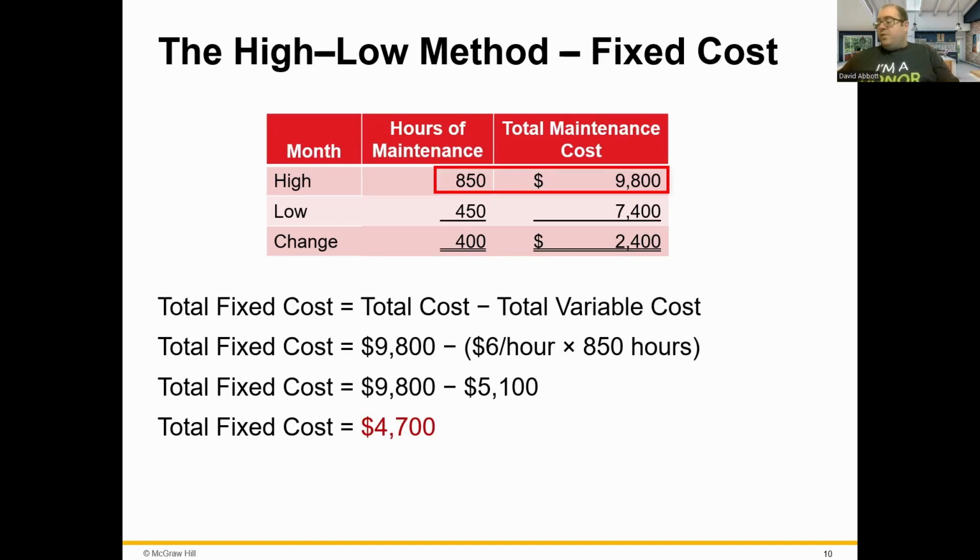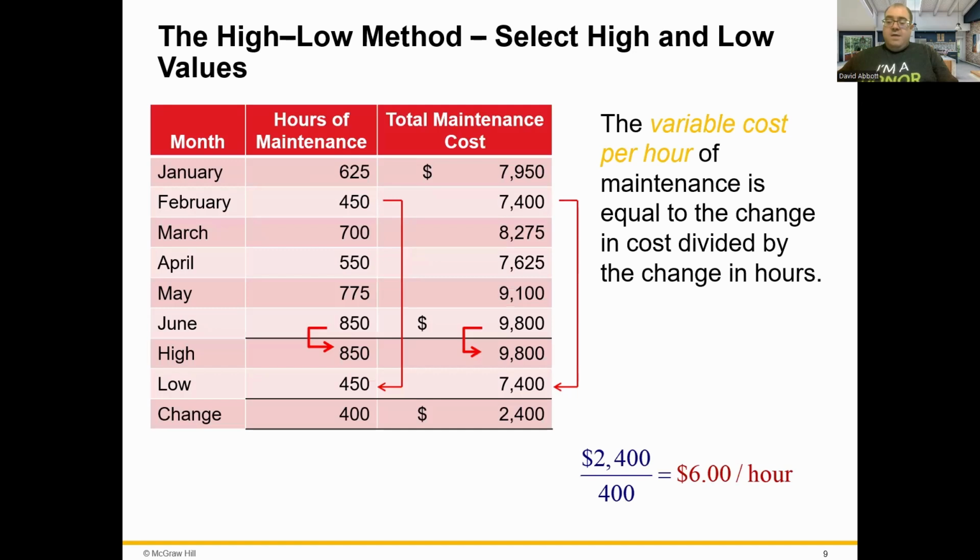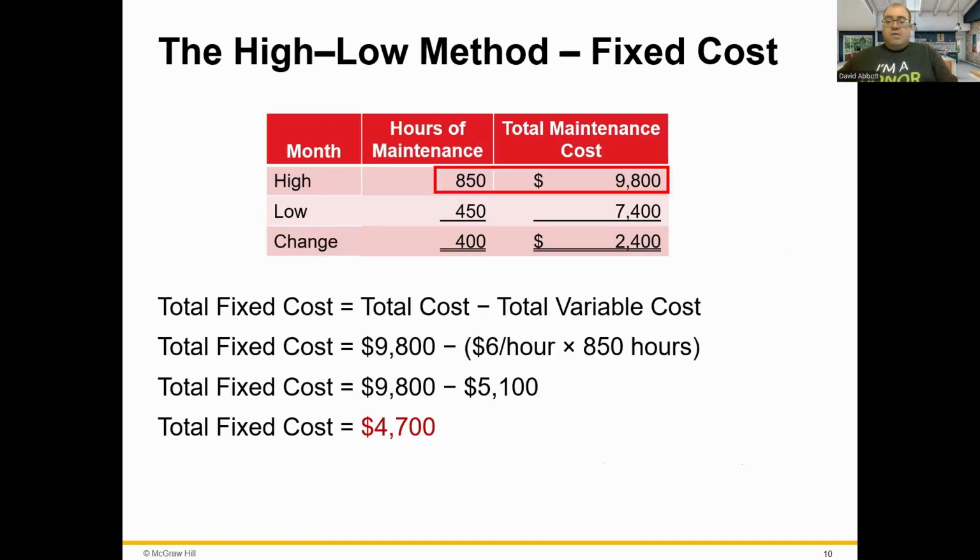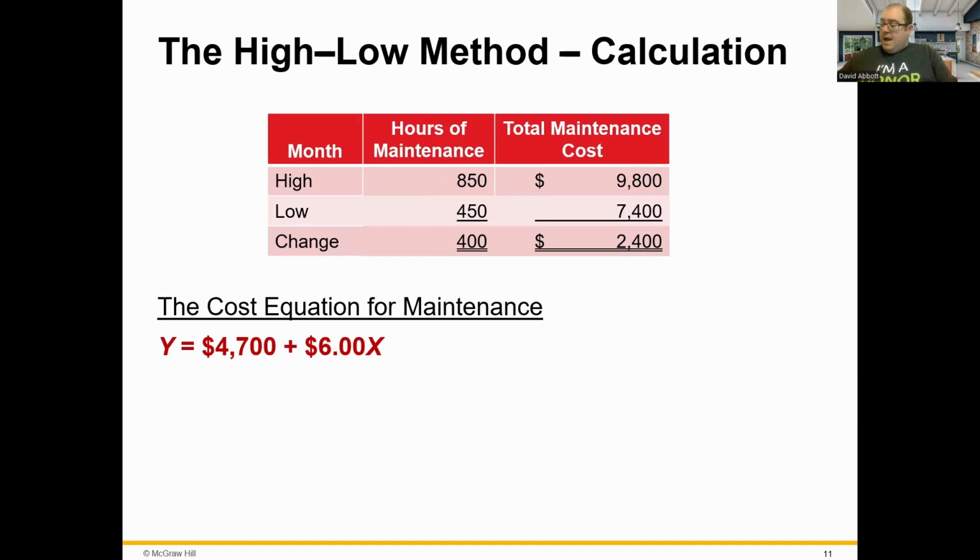So the variable cost component 5,100 is determined by multiplying the level of activity, which is 850 units, by the variable cost, which is $6. And I believe they told us that they figured that out here. So 2,400 divided by the 400, which is the amount of change in this, is $6. That's how they calculated that.